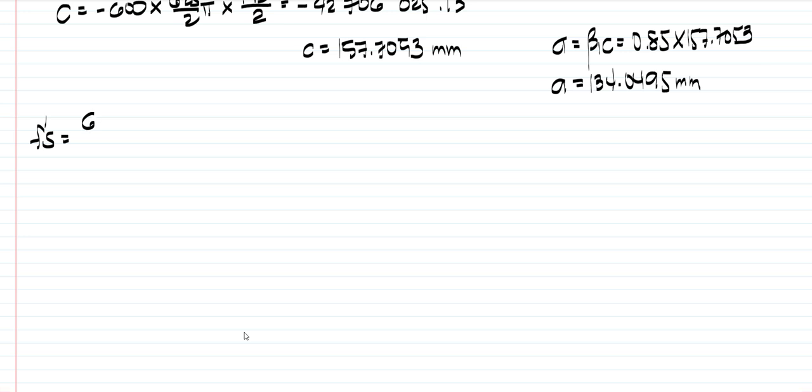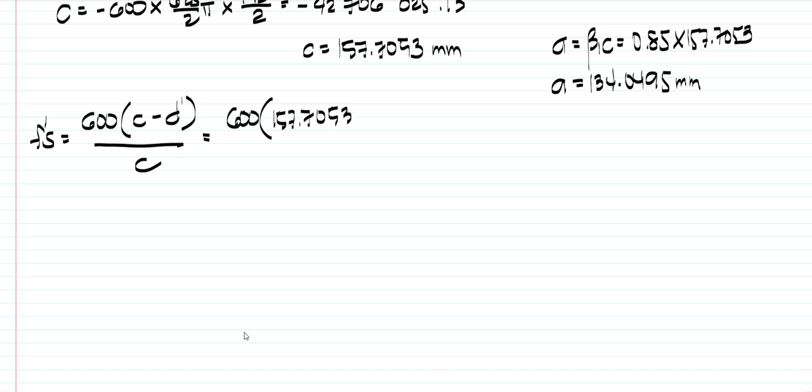So, that will be 600 times C minus D prime over the C. So, that is 600 times C is 157.7053 minus D prime will be 145 over 2 divided by 157.7053.